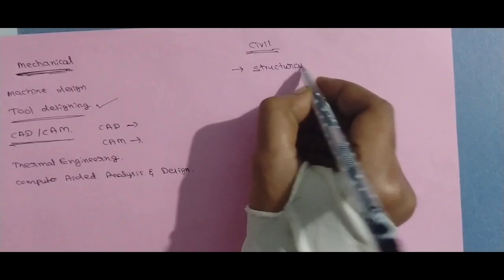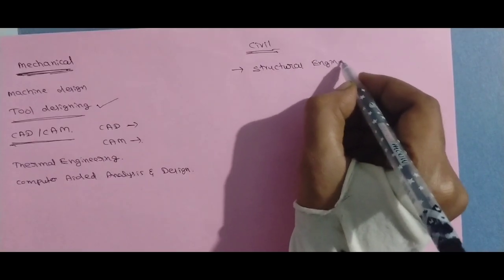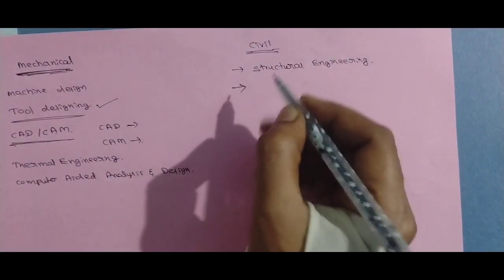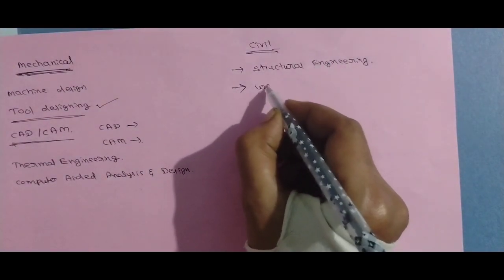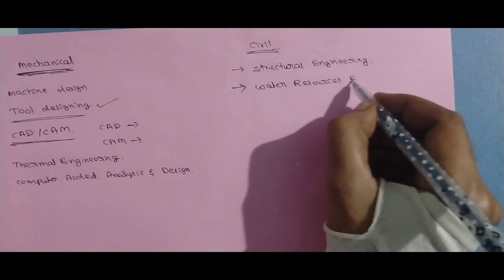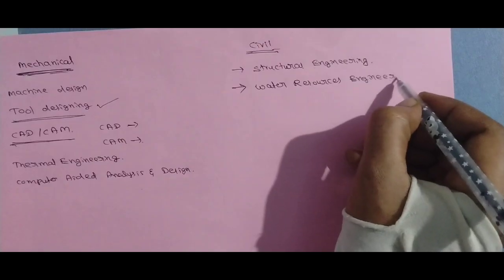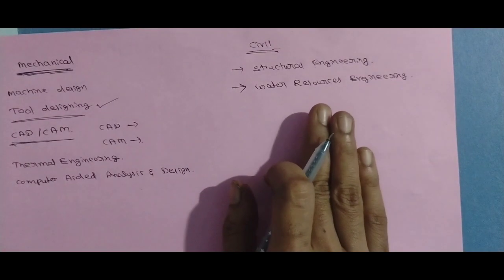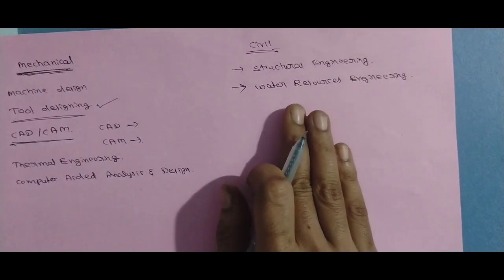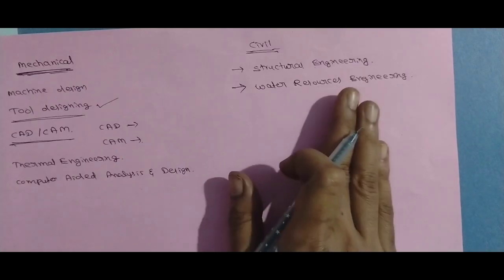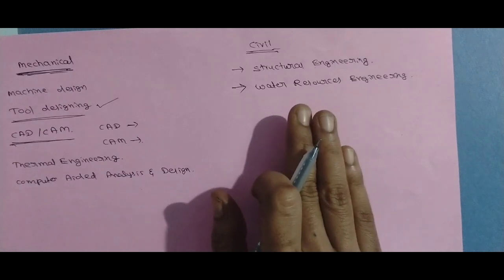Structural engineering is very common and well known to everybody from the civil department. The next one is water resources engineering. This area is absolutely so interesting, and at the same time it is very important in the present generation. So if anybody is interested to do an M.Tech program in water resources engineering, it's a good decision, I can say.